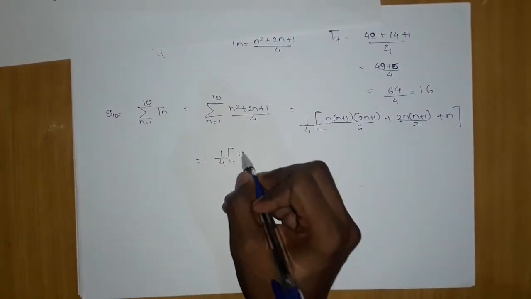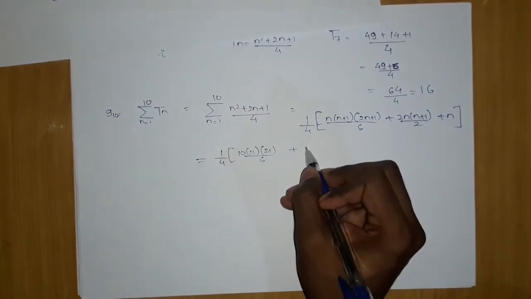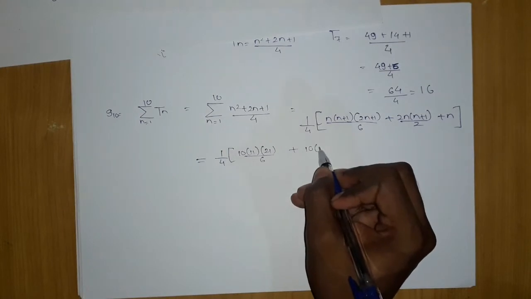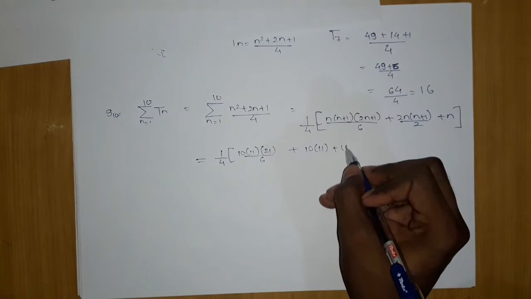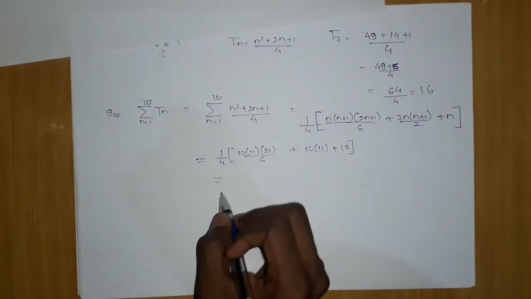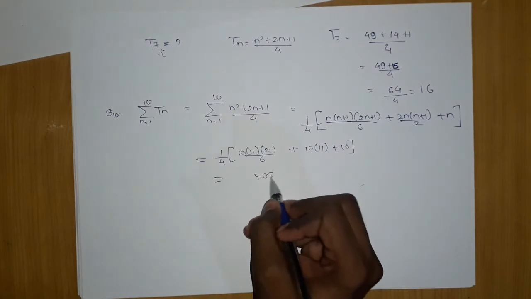First here it will be 10, here it will be 11, this will be 21 by 6, giving you here 10 into 11. 2 will cancel out this, and this will be 10. Which will give you 505 by 4.